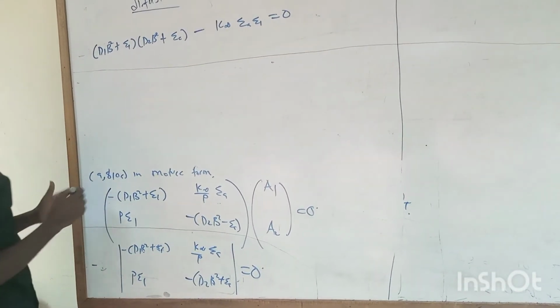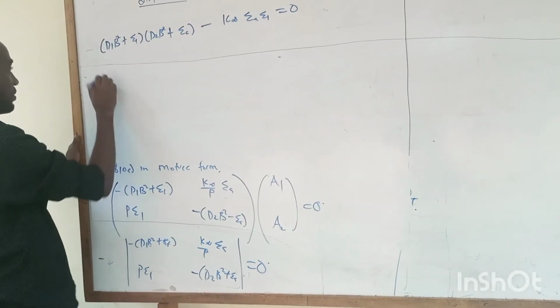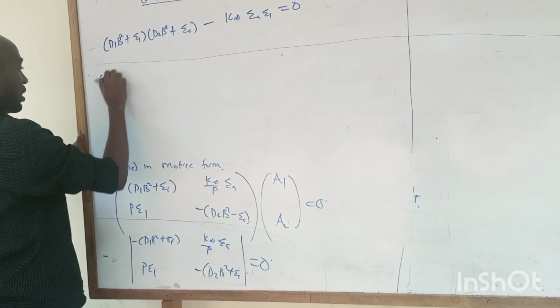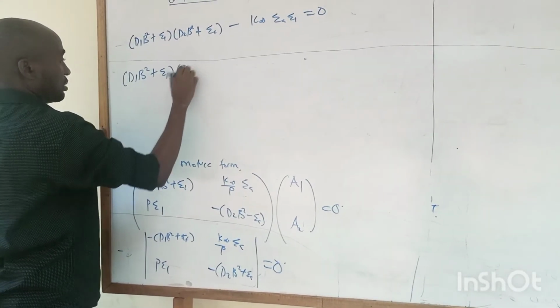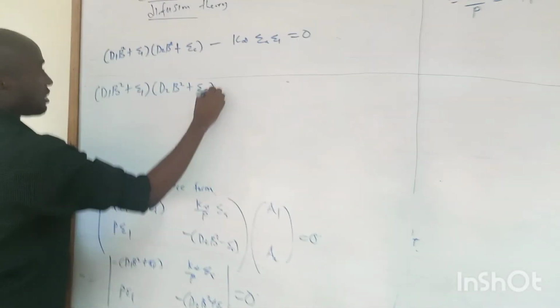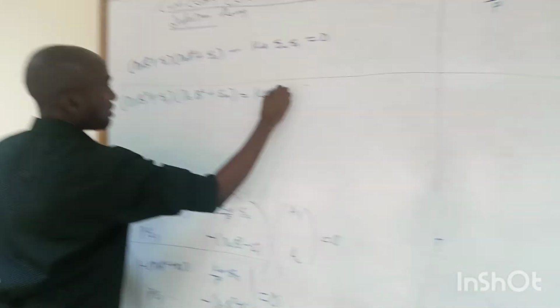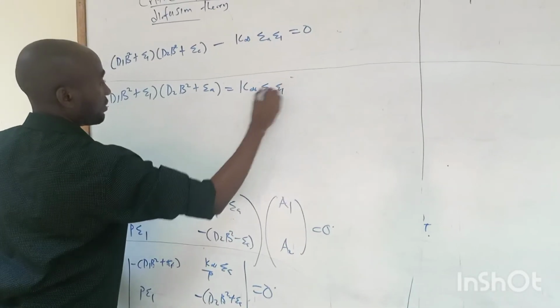And this one can now be d1 b squared plus e1, d2 b squared plus ea, is equal to k infinity ea e1.